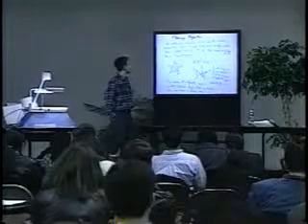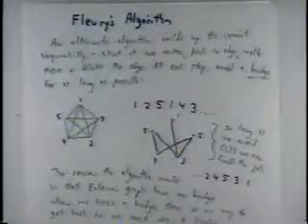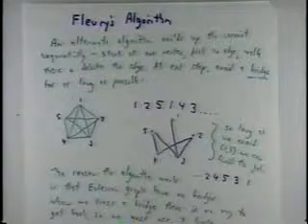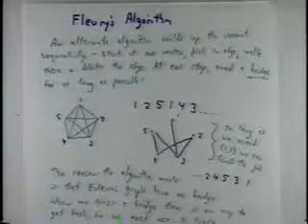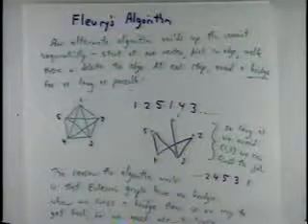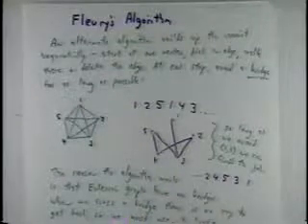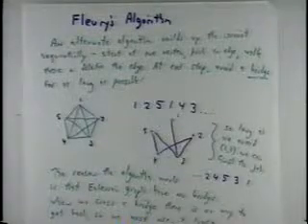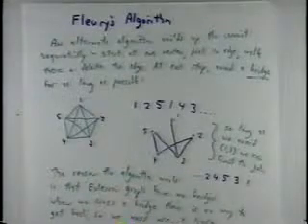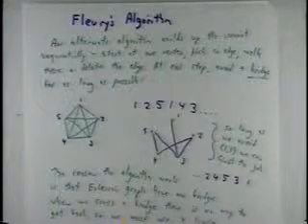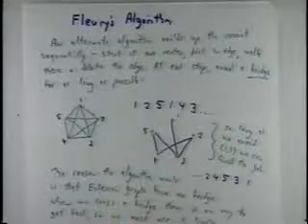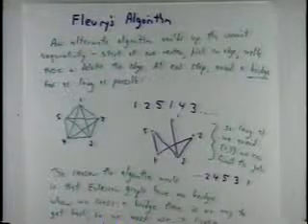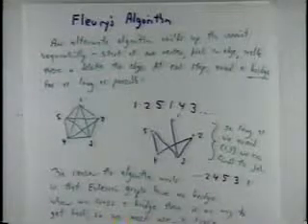This is called Fleury's algorithm, an alternate algorithm to the one I described, which builds up the circuit sequentially. So you start at one node, pick an edge, walk along the edge and delete it, and at each step, avoid a bridge as long as possible.